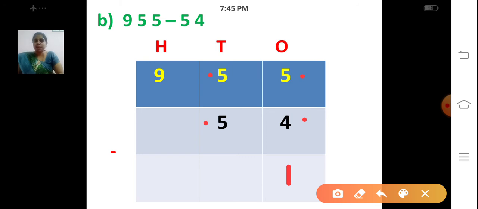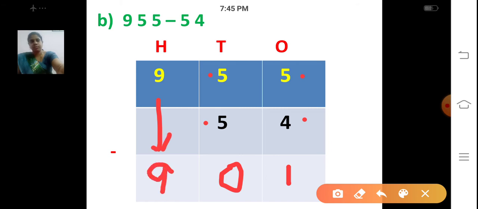When you subtract a number from itself, the answer is 0. Very good. Write it down, 0. Now keep the hundreds as it is. So bring down that 9. So the answer is 901. When you subtract 955 minus 54, the answer is 901.